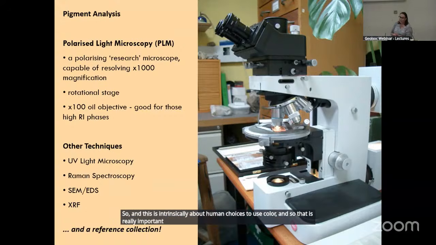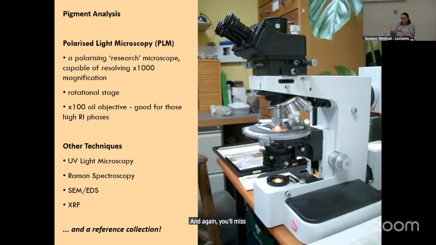The other wonderful thing about polarizing light microscopy is that you can see if you've got a mixture of two paints together. So, for example, yellow pigments and blue pigments mixed to make a green. Again, you'll miss that effect if you're just using a spectrometer and just hitting a single grain for analysis.